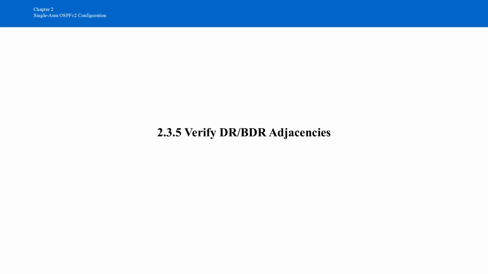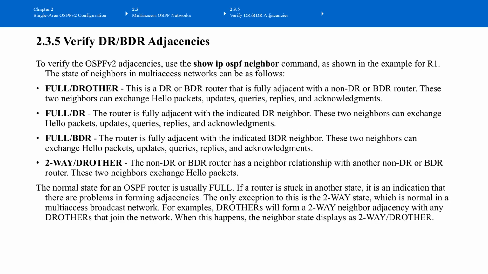2.3.5 Verify DR BDR adjacencies. The command show ip ospf neighbor shows your OSPF neighbors and their relationship. For a multi-access Ethernet network, you may see FULL/DR, which implies fully connected to the DR, or FULL/BDR, which is fully connected to the BDR.